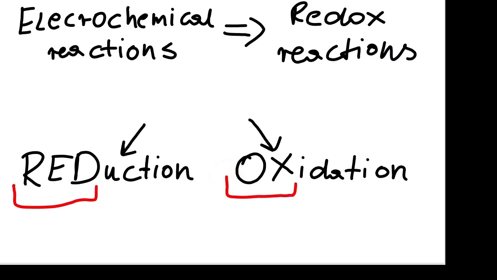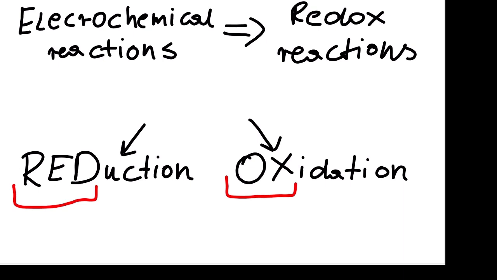Reduction reaction is the reaction of the decrease of the oxidation state of the element, which stands alone or is a part of a neutral particle or an ion, complex ion or complex cation. Oxidation reaction is an increase of the oxidation state of the element.